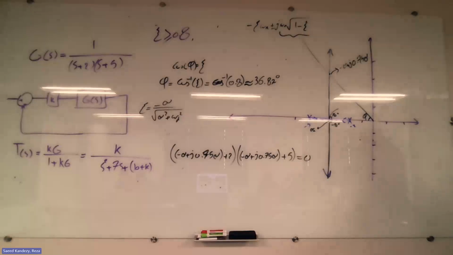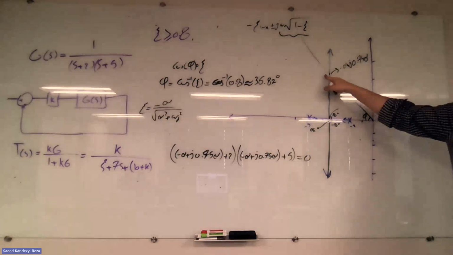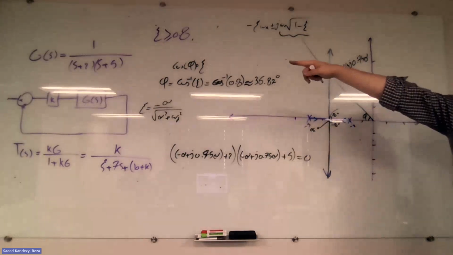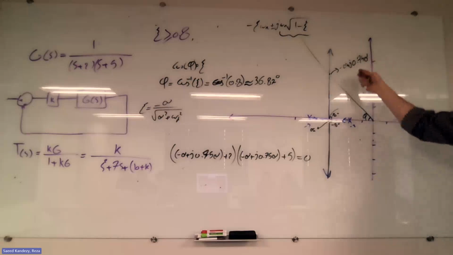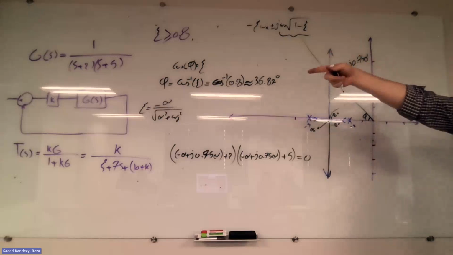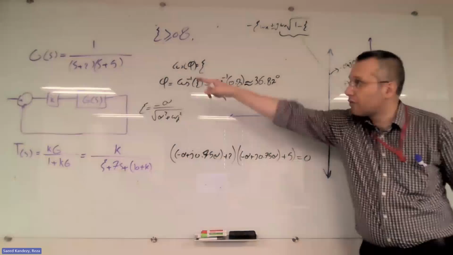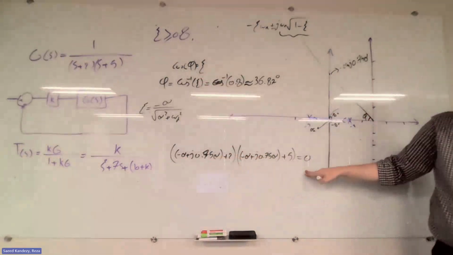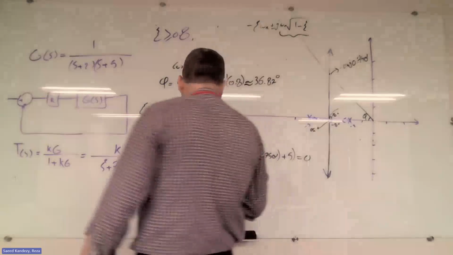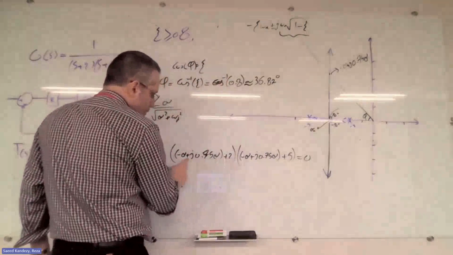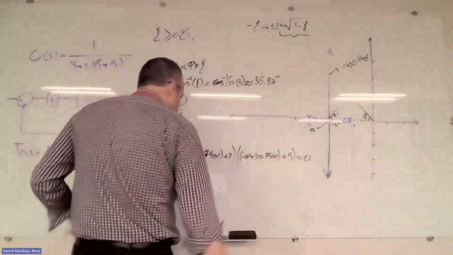Very good so far? Any question about that? This is going to be a pole, so it should make the denominator of our function 0. We just put this value as an S, and that equation of the denominator for that value should be equal to 0.